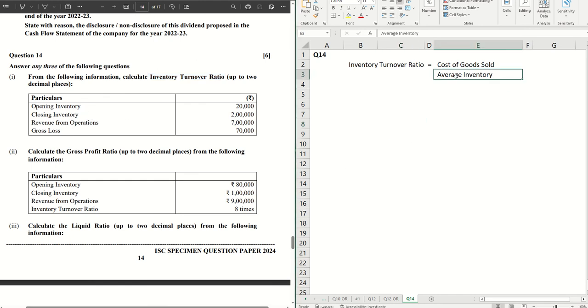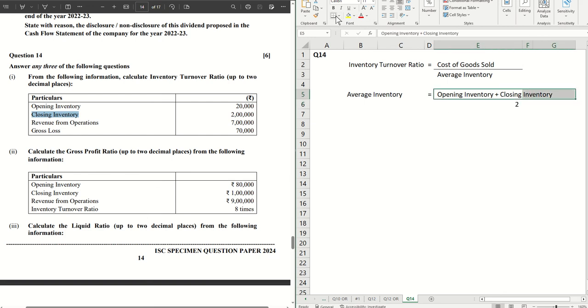Average inventory, let's write the formula for average inventory as well, which is nothing but opening inventory plus closing inventory by 2, right? So opening inventory plus closing inventory that we have here by 2, the entire thing.